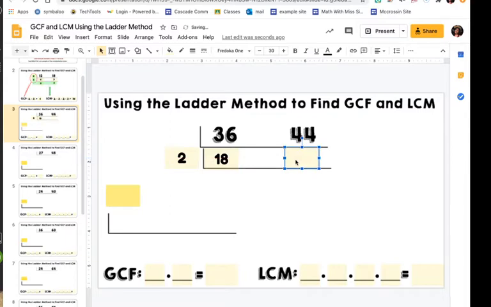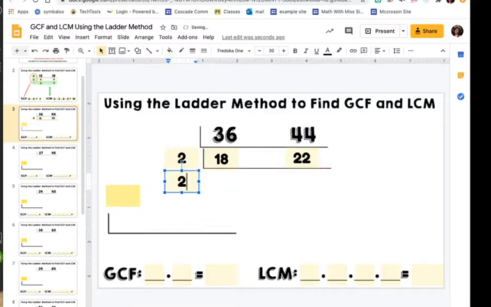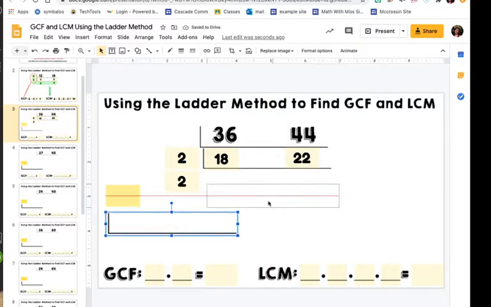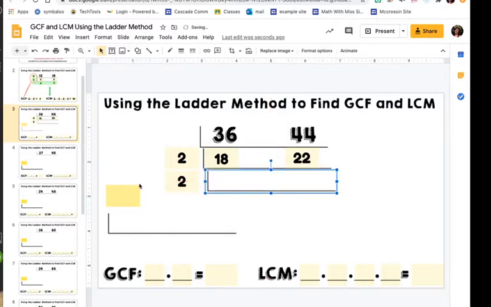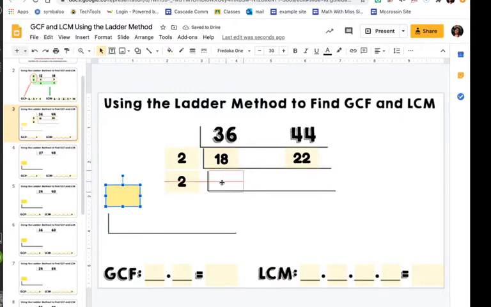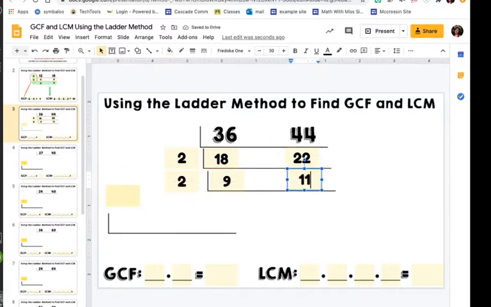And then 44 divided by 2 is 22. 18 and 22 can be divided again by 2, so I'll put a 2 there and put this ladder here again. 18 divided by 2 is 9, and 22 divided by 2 is 11. And 11 is a prime number, so we know that we can't divide it anymore.